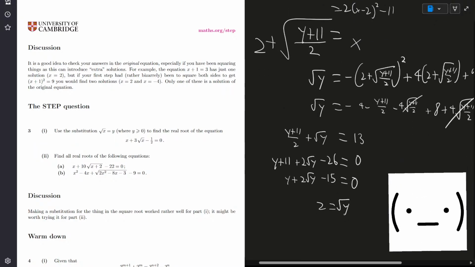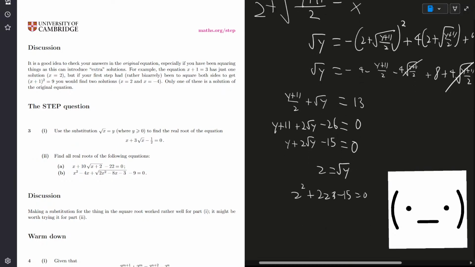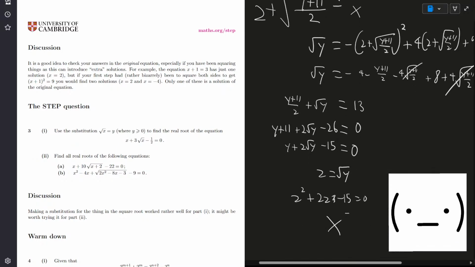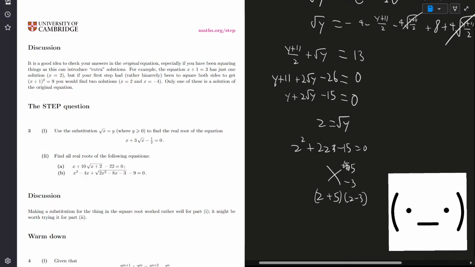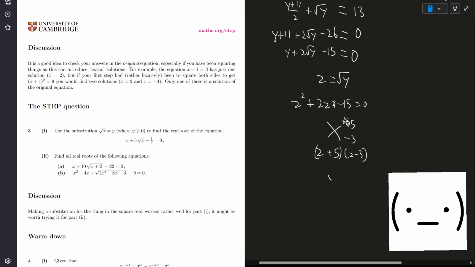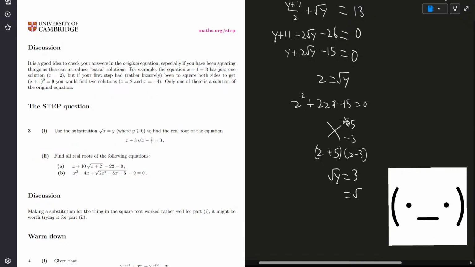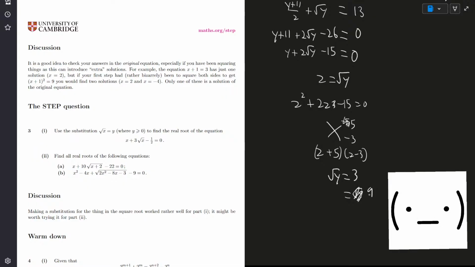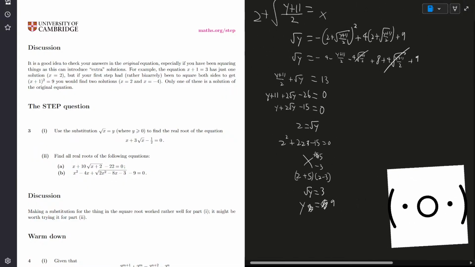Now's another substitution. So therefore, this is equal to 3. Oops, sorry. This is y, this is 9.